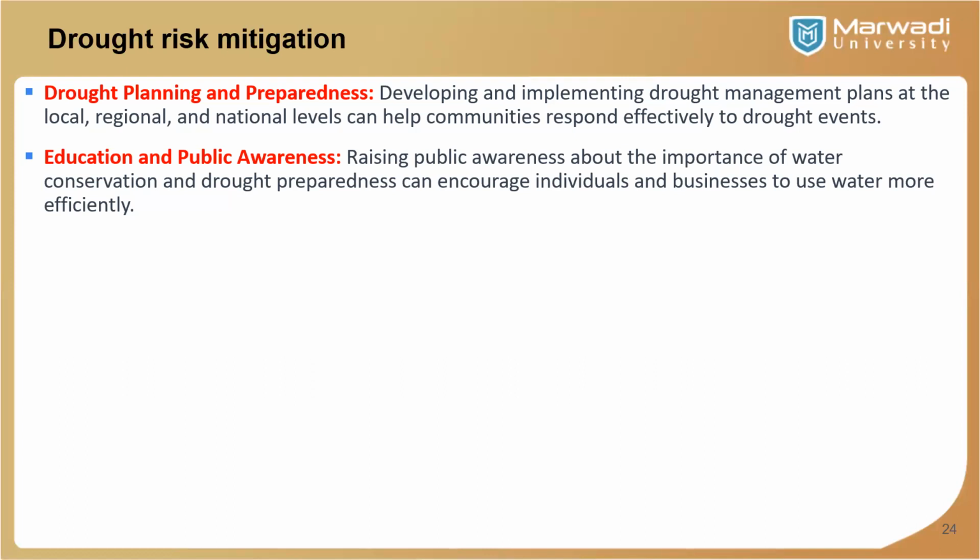A major aim, along with diversifying water resources and having more than one water resource, is that we should also focus on education and awareness, so that people can effectively manage their water demand on their own.